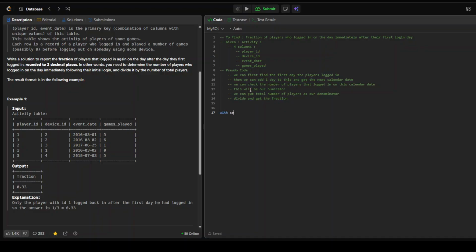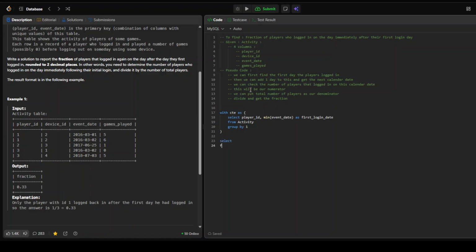So let's start by writing our first CTE. We can select from the activity table. We can write player ID and the min of event date as the first login date, group by 1.